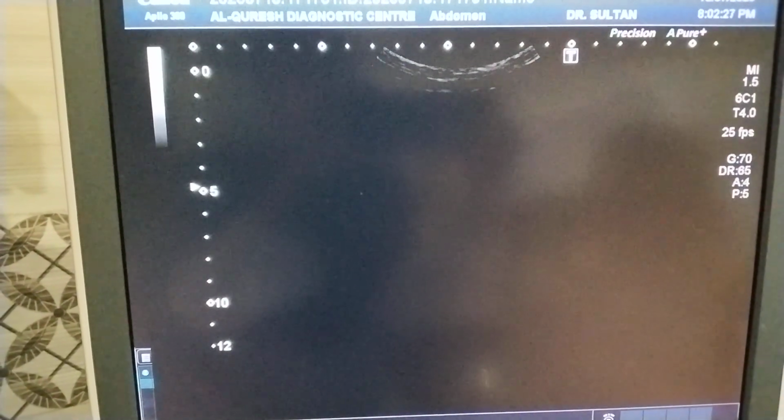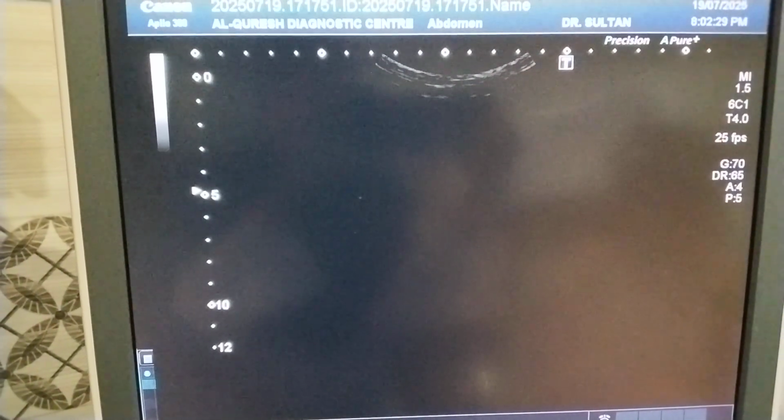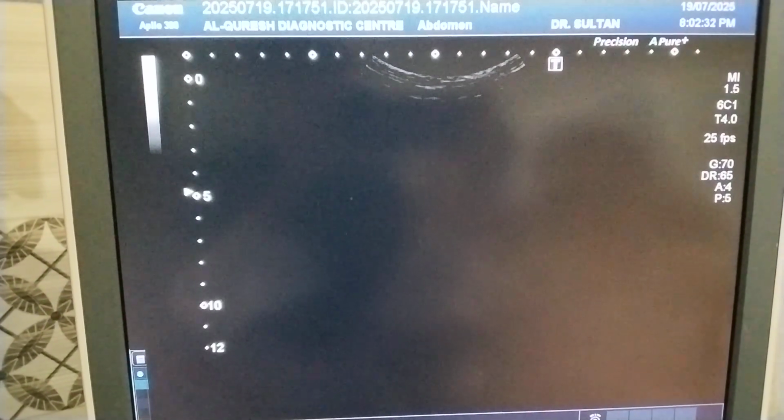So I am scanning the uterus of the patient directly.